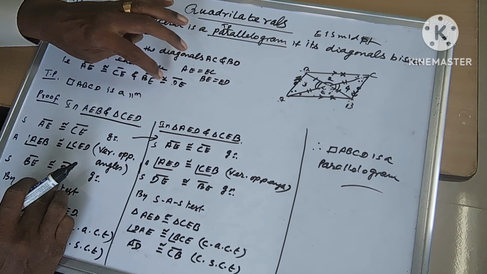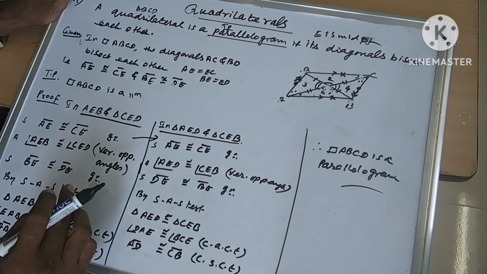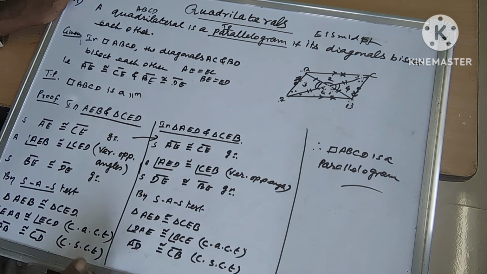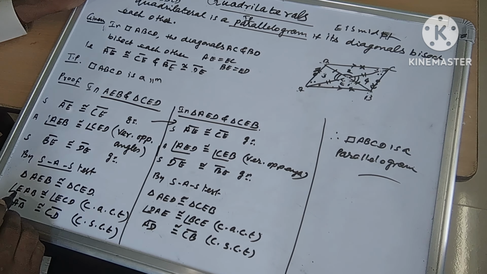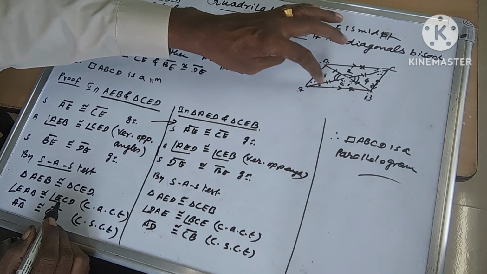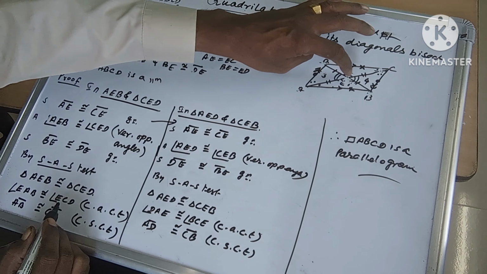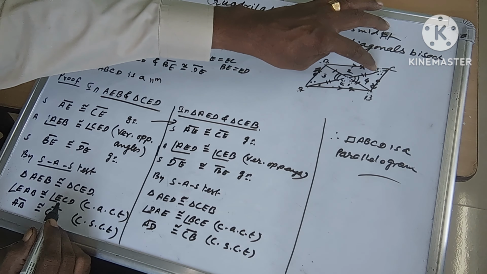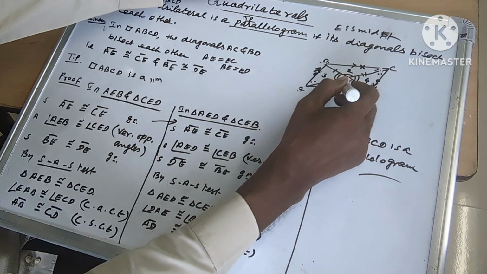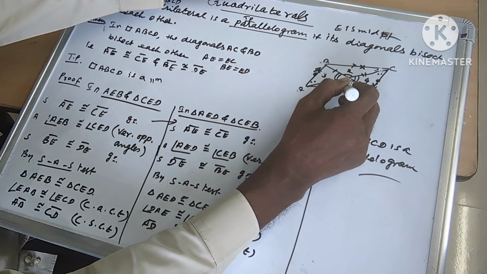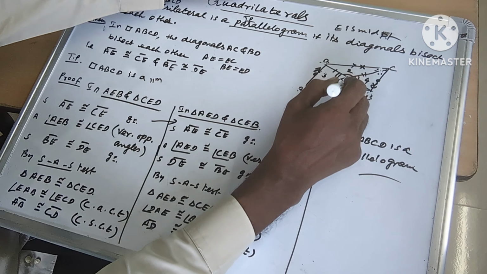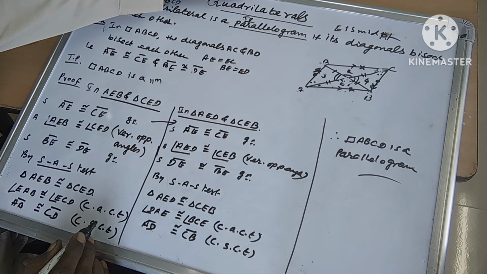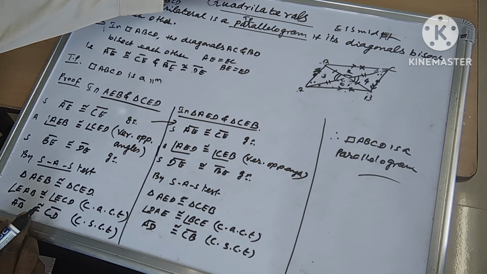That's why by the SAS test these two triangles are congruent. So angle EAB is congruent to angle ECD. Here these two angles are congruent, therefore these sides are parallel. At the same time, since the triangles are congruent, this pair of sides is also congruent, that is AB and CD.